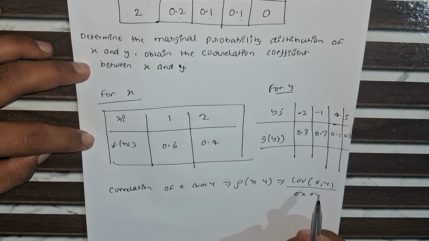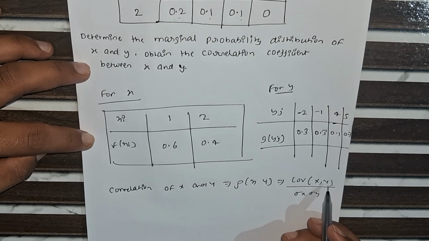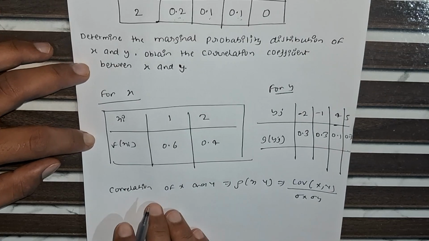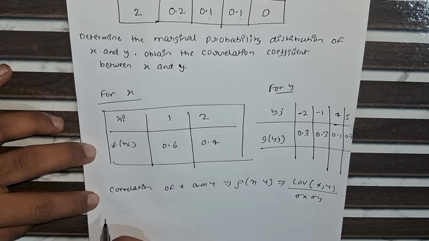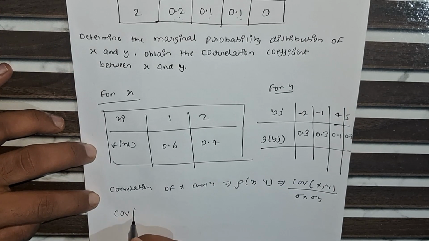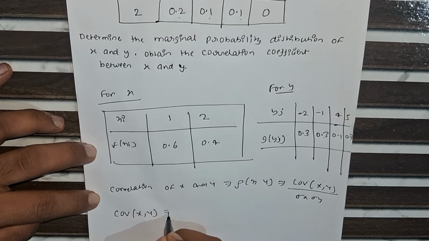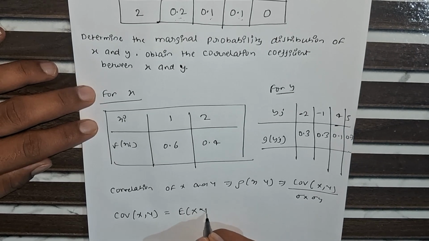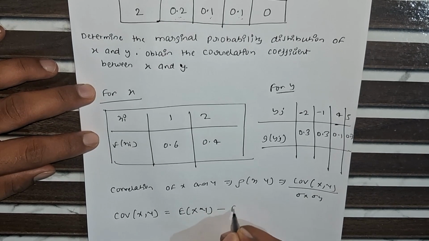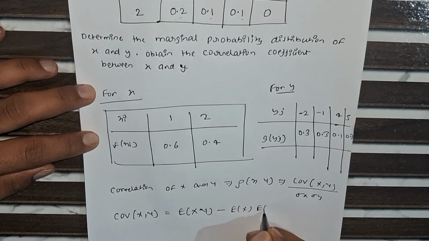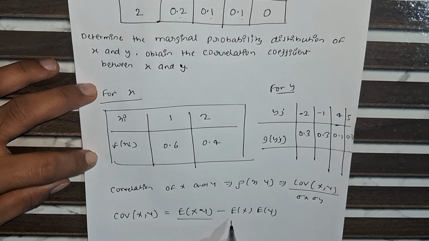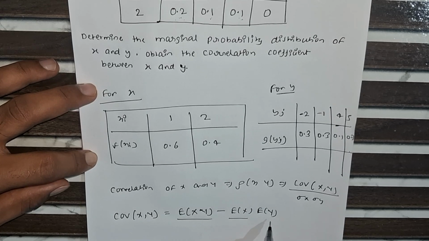First we find the covariance of x and y, and after that sigma of x and sigma of y. Covariance of x comma y is expectation of xy minus expectation of x into expectation of y. We have to find these too, because we don't have expectation of x and expectation of y.